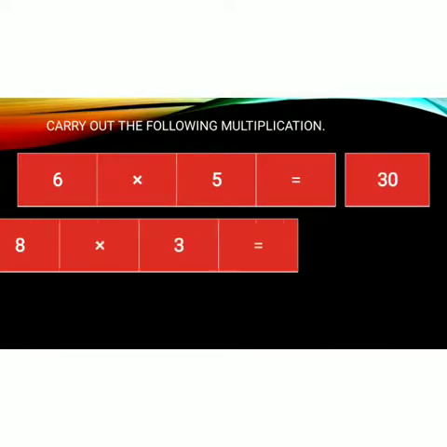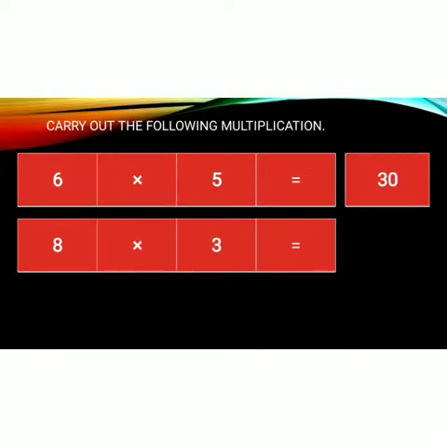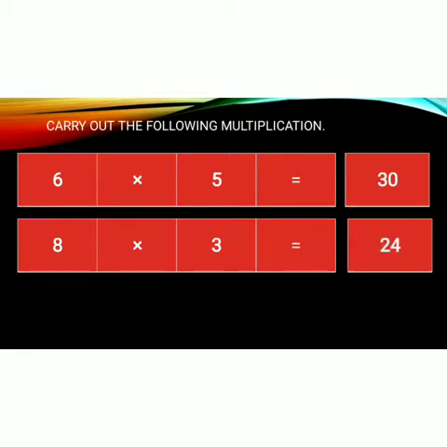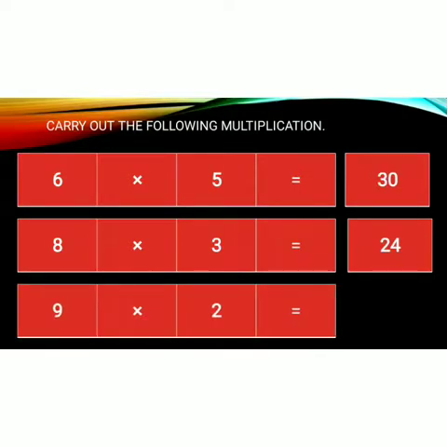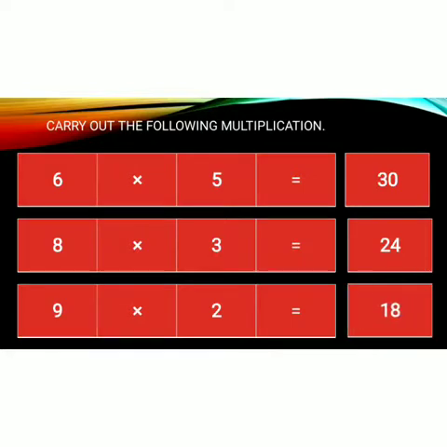Now carry out the following multiplications. Here some multiplications are given, children. 6 multiplied by 5 is equal to, 6 fives are 30. 8 multiplied by 3 is equal to, 8 threes are 24. 9 multiplied by 2 is equal to, 9 twos are 18.